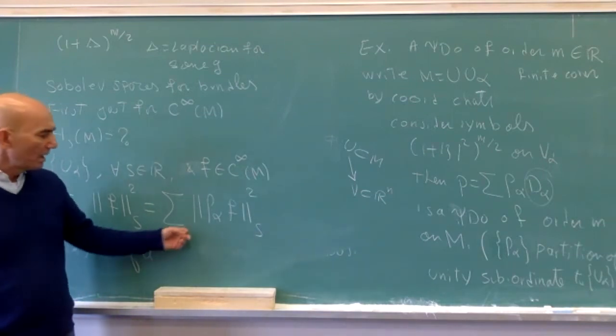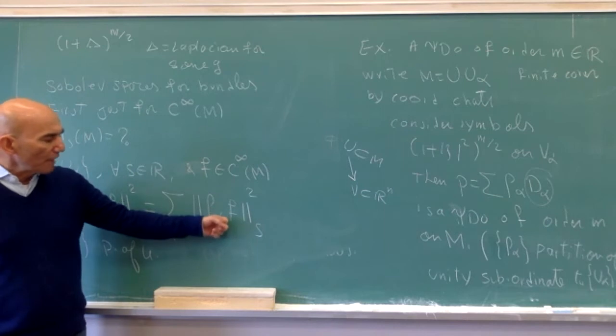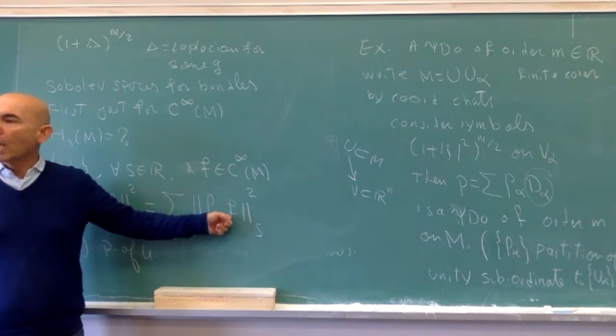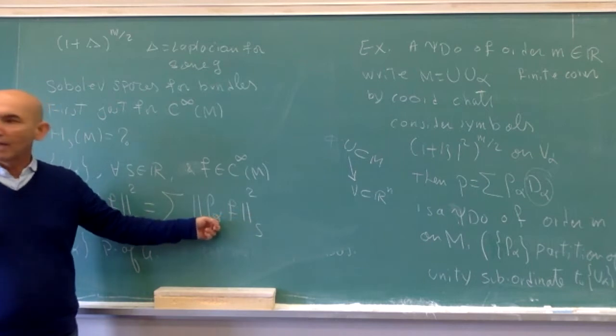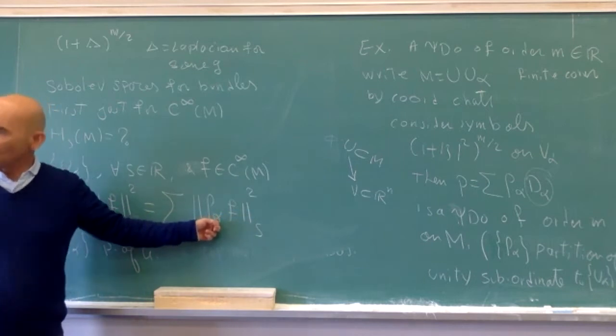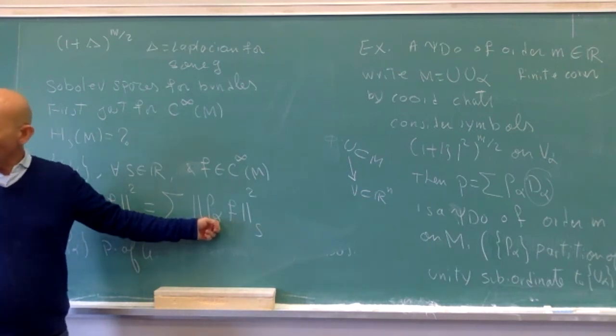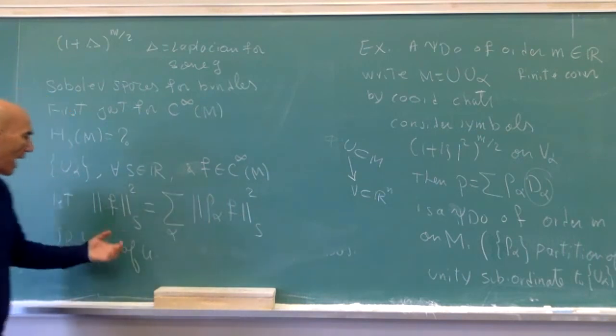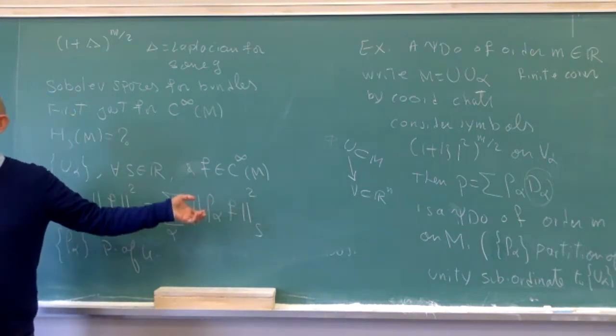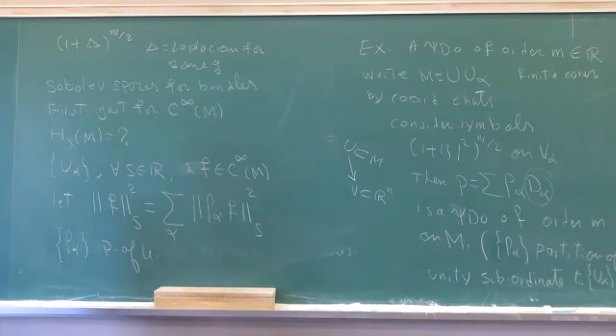What happens is this: you have a function on M. If you multiply by this rho alpha, its support is in this coordinate chart. Then you use coordinates to go to Rn, use the Sobolev norm over there, square it, and sum those things. The definition makes sense, right?